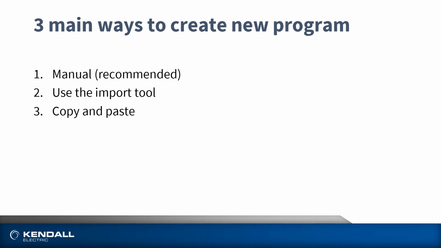There are 3 main ways to create a new program. One is the manual method, which I am always going to recommend, but that is the most time-consuming and requires knowledge of both the CCW software and Logix 500. It really involves locking yourself in a room and setting up the old program on one screen and the new program on the second screen, and manually going line by line and recreating the new code using the newer instruction set that you get with CCW.